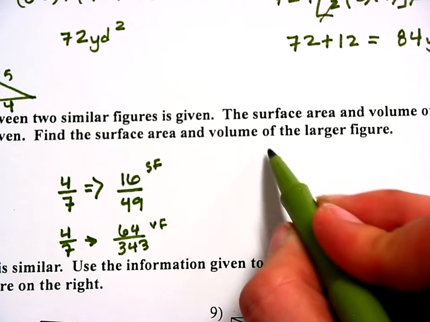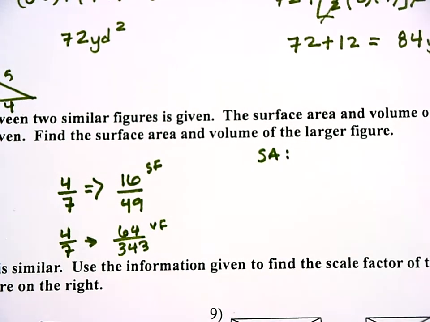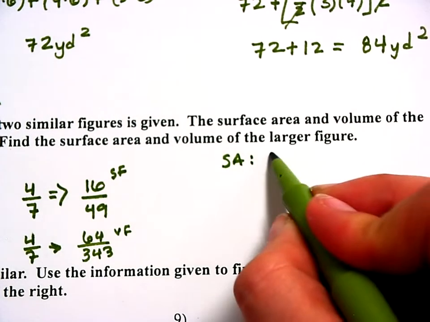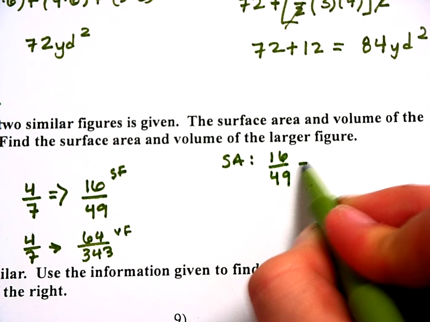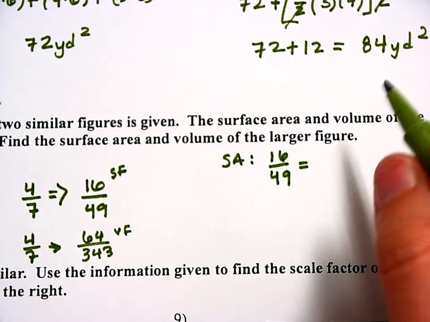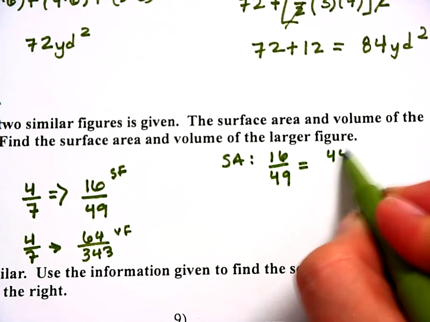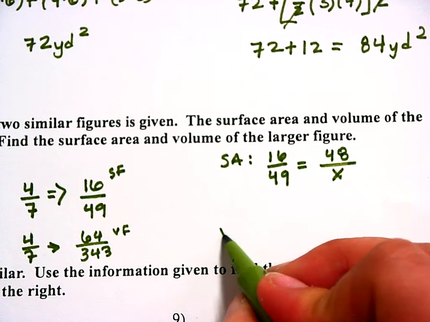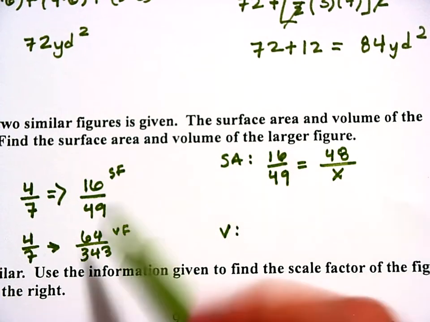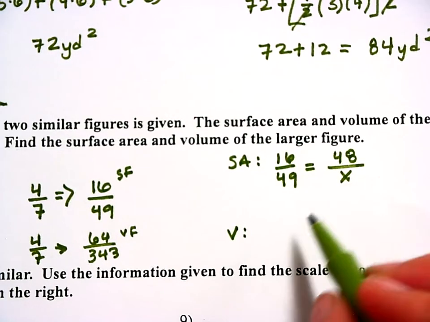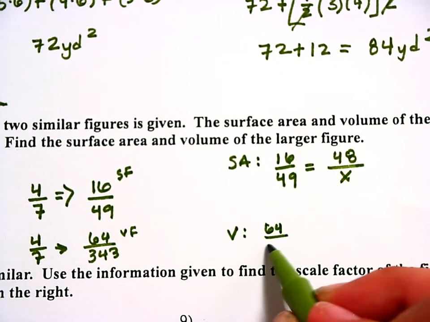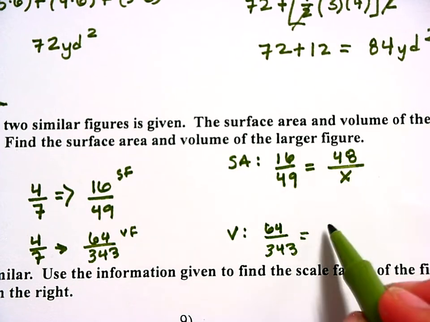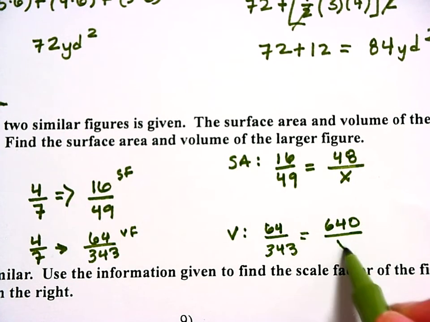Okay, so we're going to use these factors to find our new surface area and volume. So to find the surface area, we're going to take the ratio, so that's 16 to 49, and we know that equals, our old surface area is 48, our new one is our x. Very similar to our volume, I'll just set that up as well. We're going to take our ratio that we know, so 64 to 343, and we're going to set up a proportion to the volume over the new one.